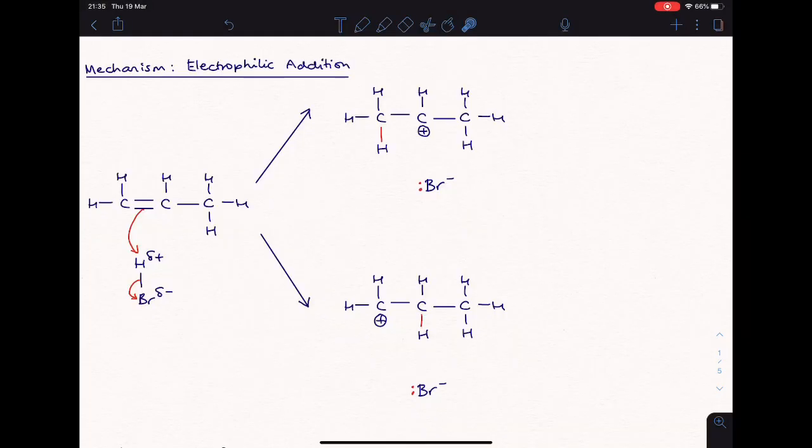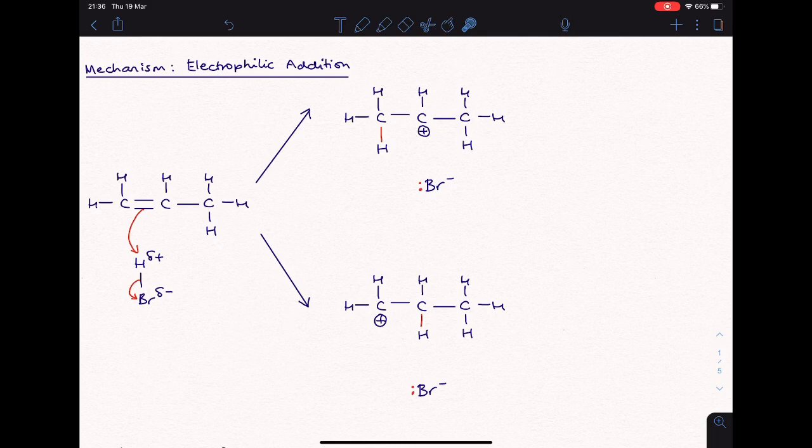Now we have the bromide ion, which is formed from the bromine in HBr gaining the pair of electrons to form a full charge, a full ion. So this is not a partial negative. This is a full ion, and the pair of electrons we can show here.